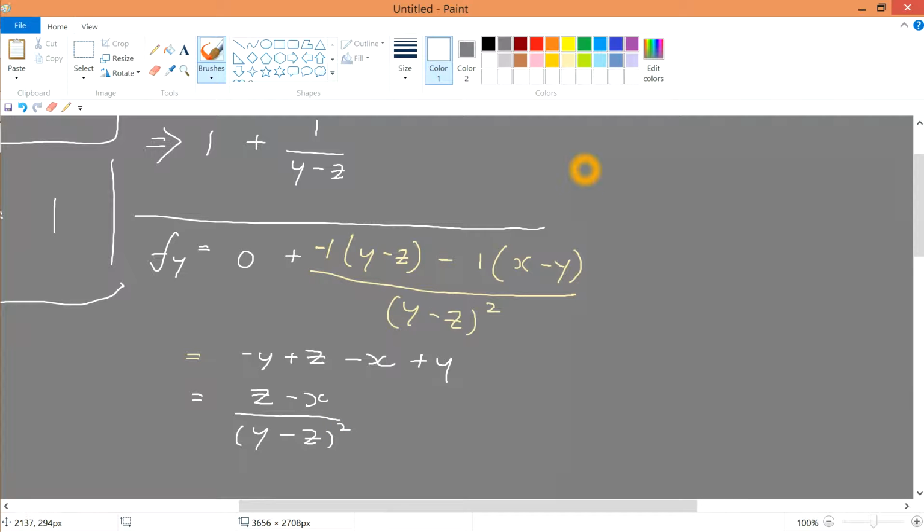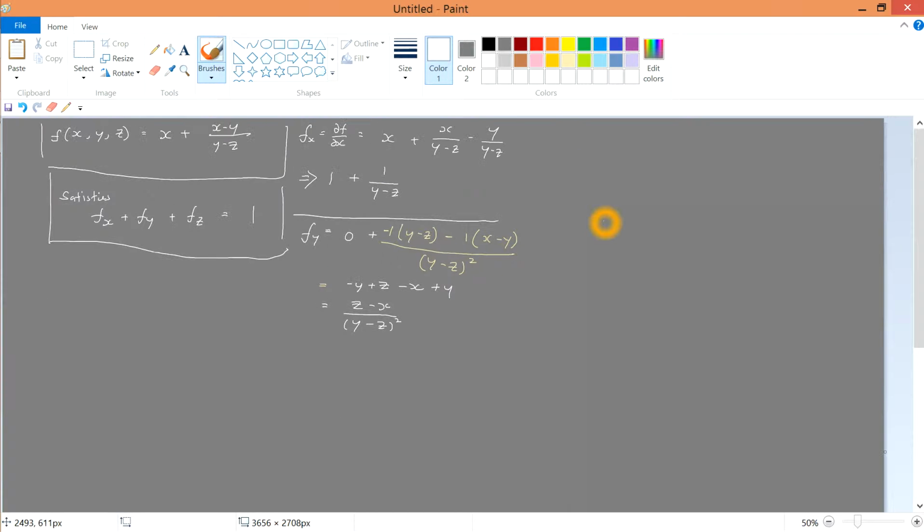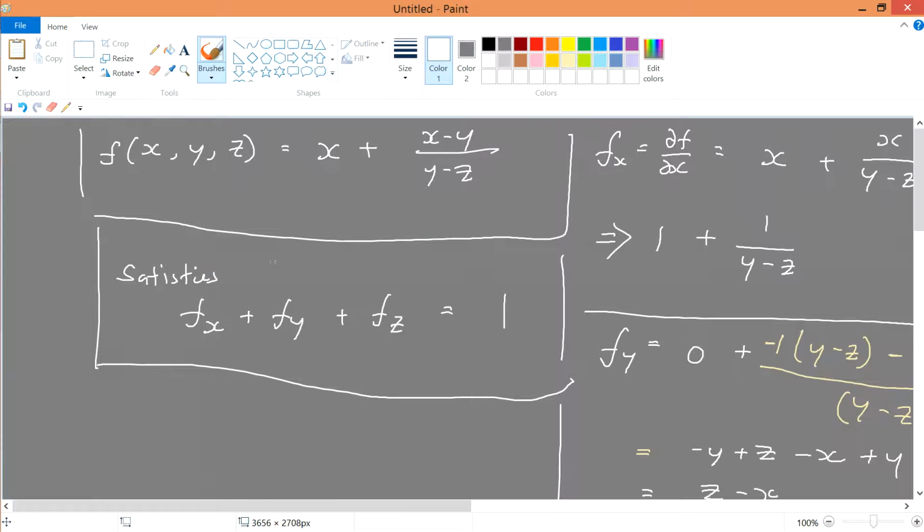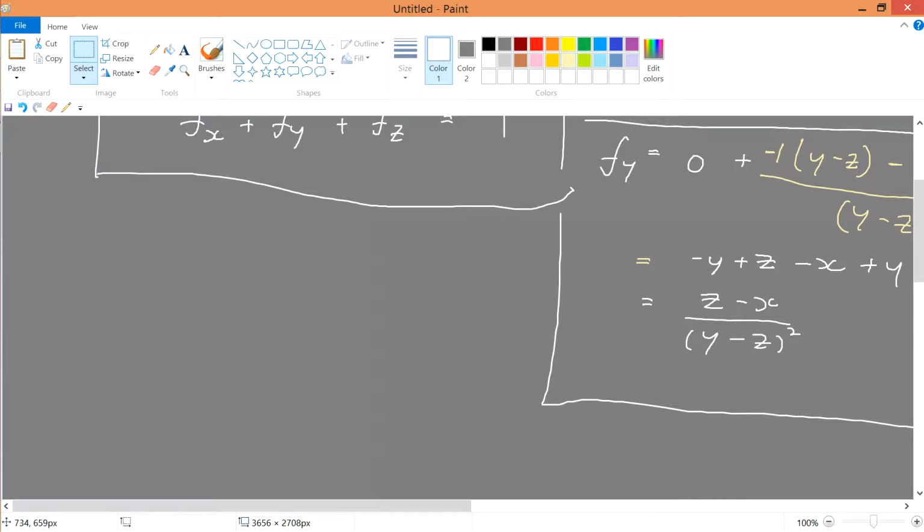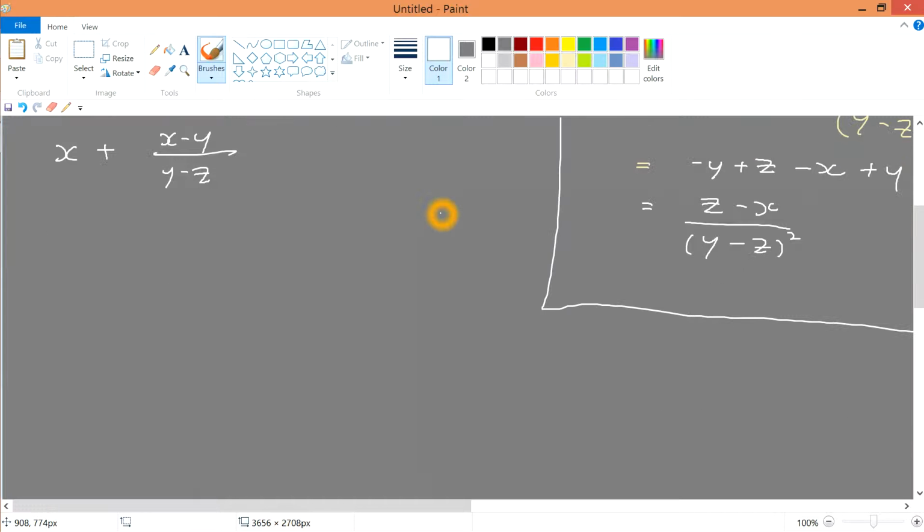Okay, so I have finished the partial function of x and y already. So now I'm gonna do the function of z. Because I have no space, I'll just copy this initial function and paste it over here for simplicity's sake, to reference. So now I'm gonna do the function of z, which is partial f partial z.